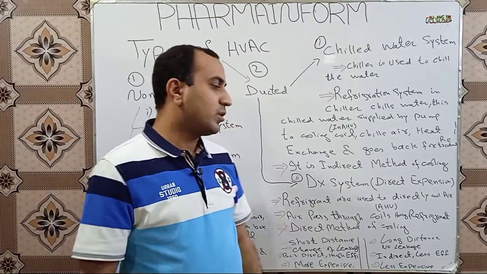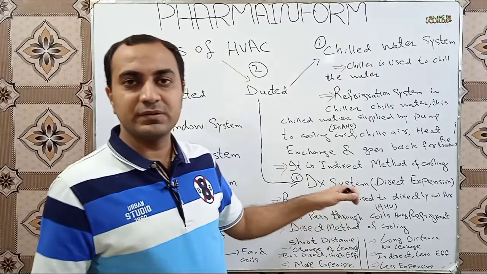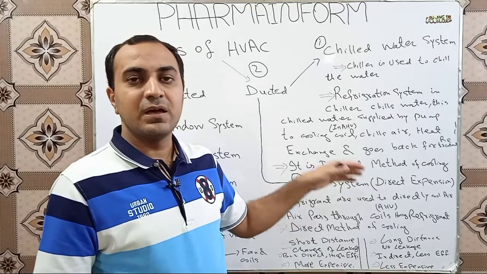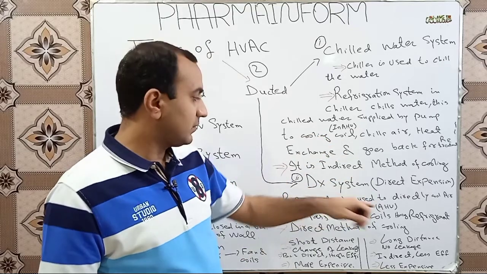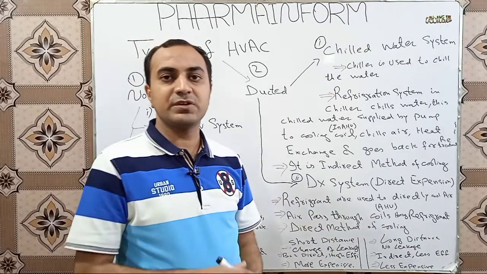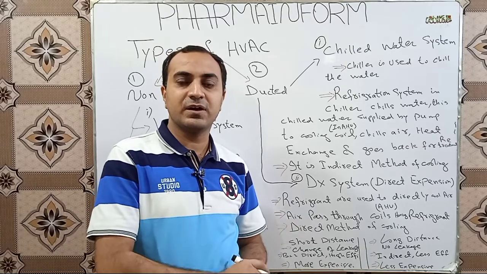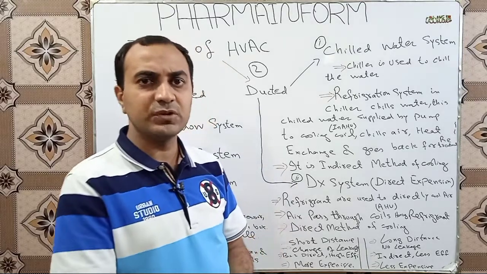Air passes through coils having refrigerants, meaning in this DX type of system, the cooling coils installed in the AHU have refrigerants in circulation.